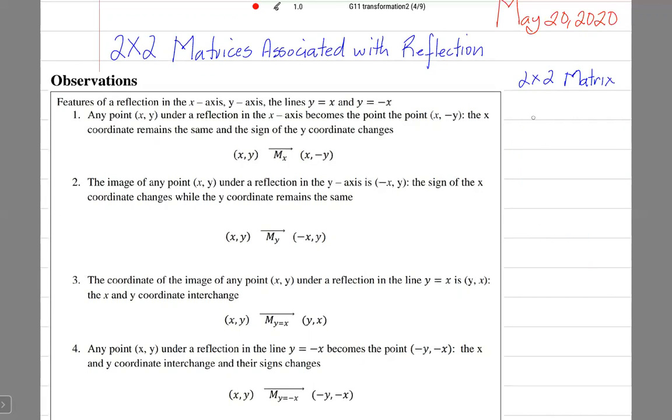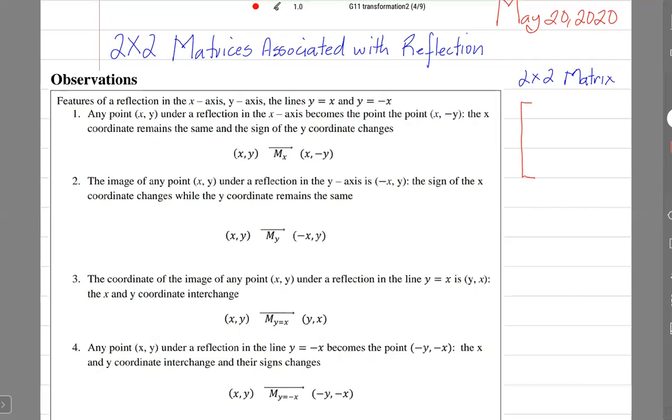All right, so what we want to do is be able to write the matrix associated with this transformation. So I'm going to start out with the I matrix, 1, 0, 0, 1.